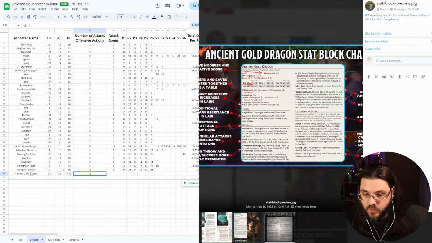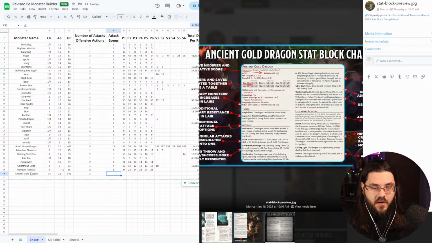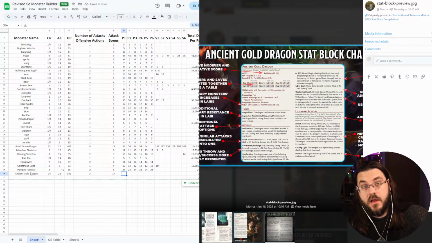It can replace 1 attack with the use of A, spellcasting to cast Guiding Bolt at level 4, or B, Weakening Breath. Don't know how I feel about that. But it is a 17 to hit, and that is going to be 19 plus 9, 28 damage.